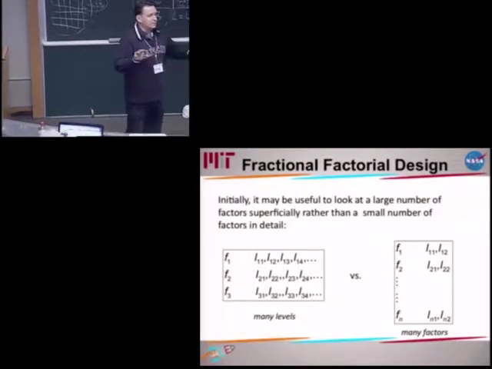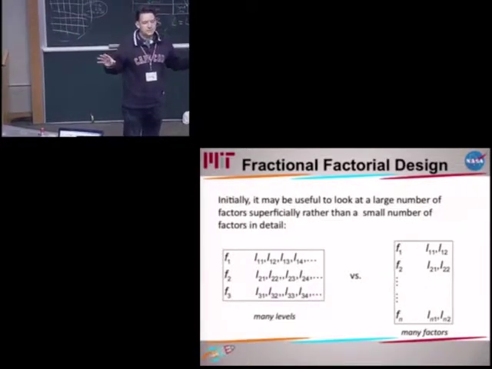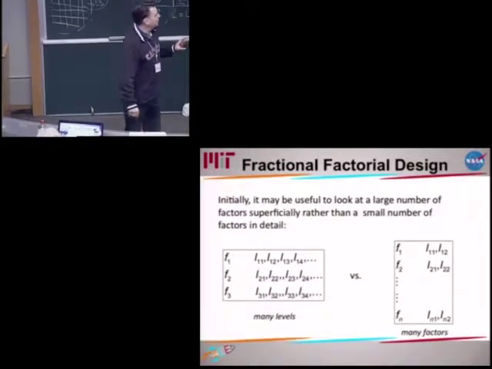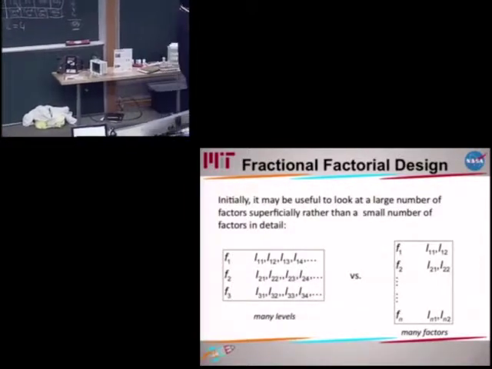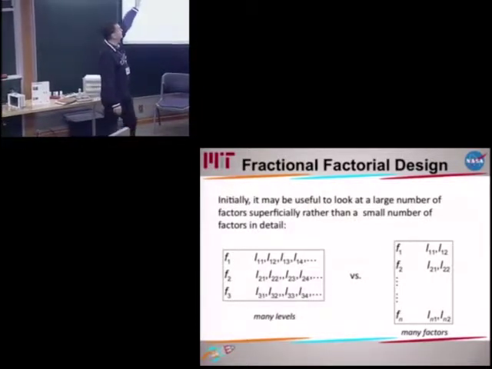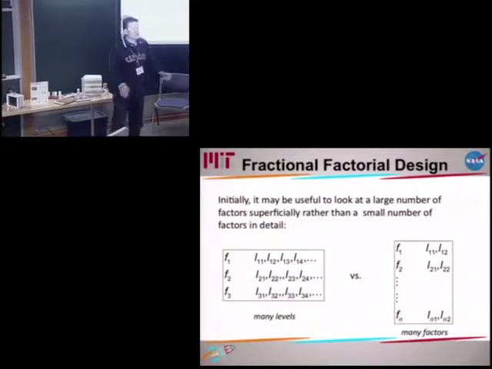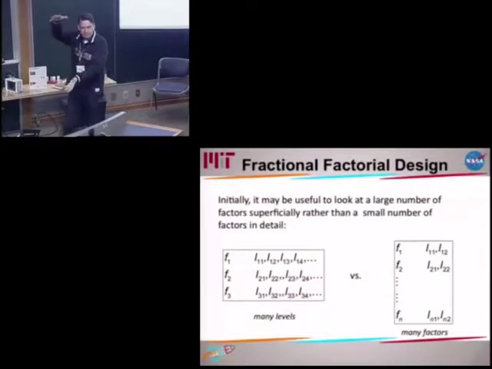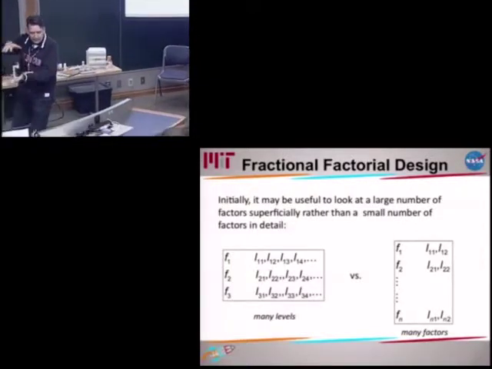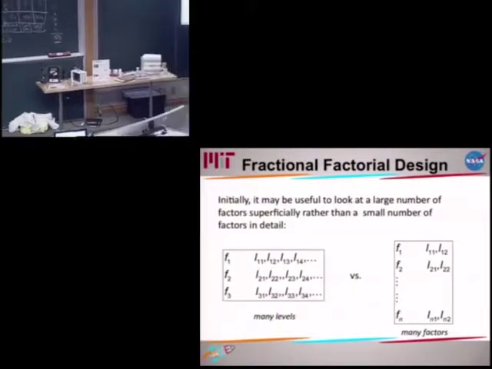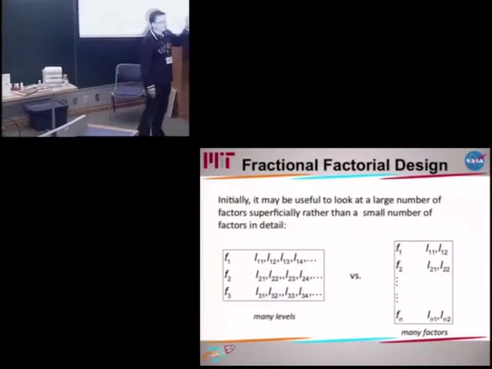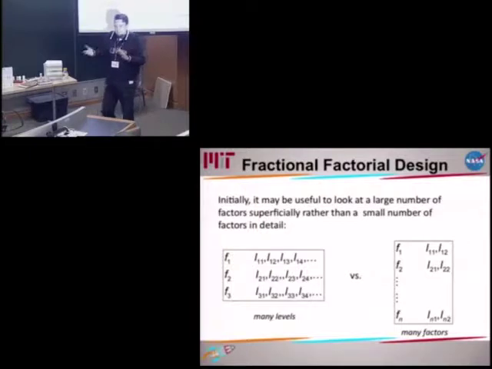But there's 2 types of experiments, really. There's experiments where you have a few factors, right, and you're at many different levels. So this is lots of shades of gray, right? We're going to just look at a few knobs and lots of shades of gray, or a lot of factors, but we're just going to look at the minimum, 2 levels, right?